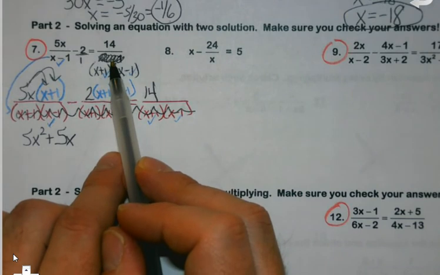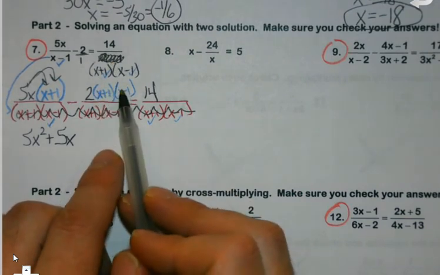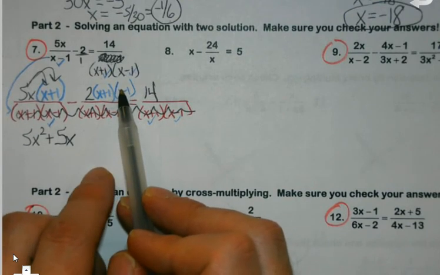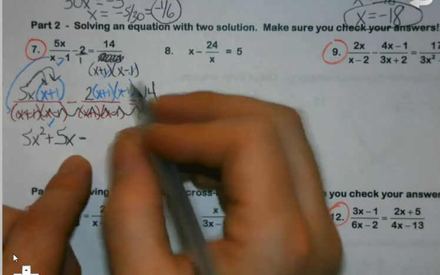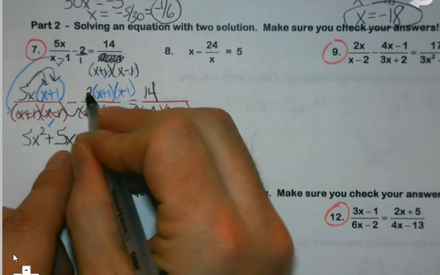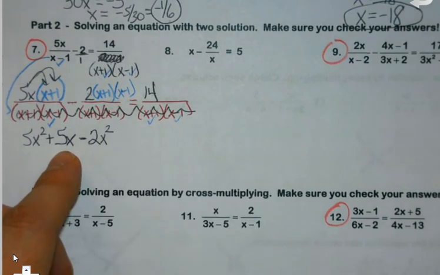X squared minus 1. So let's see. What's this going to be when I FOIL it out? X squared minus 1. So if I remember that, I can just take my negative 2 here and distribute that.